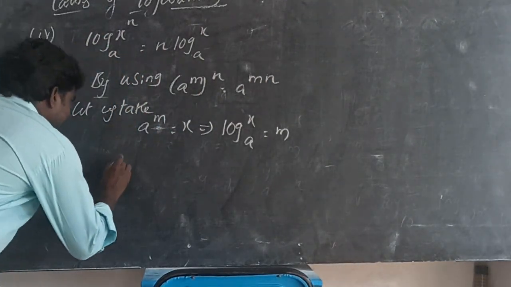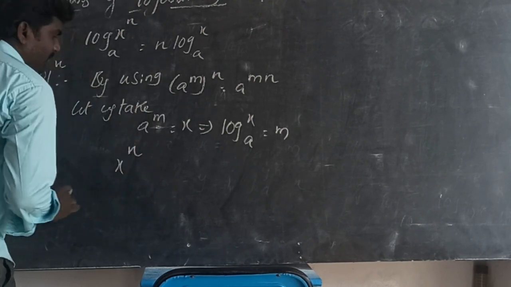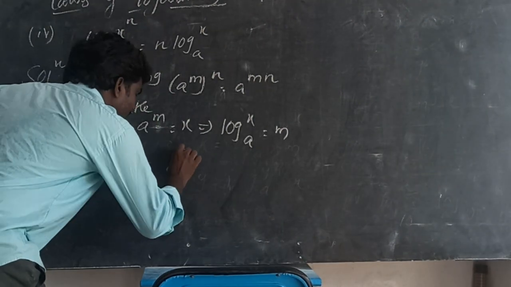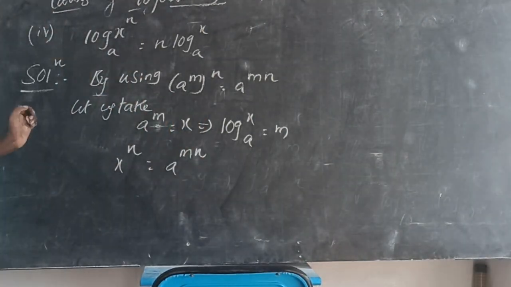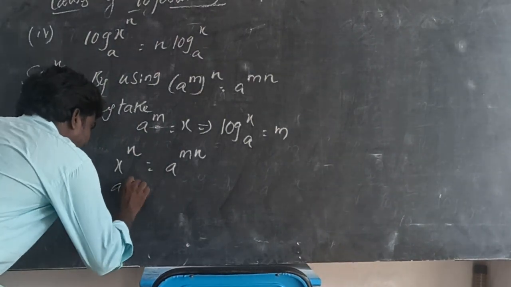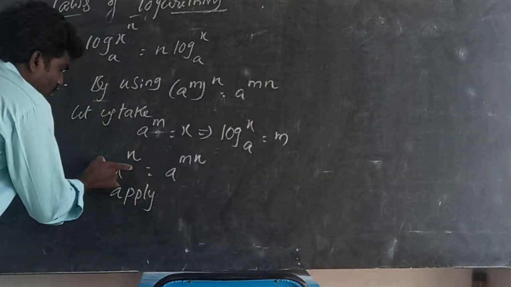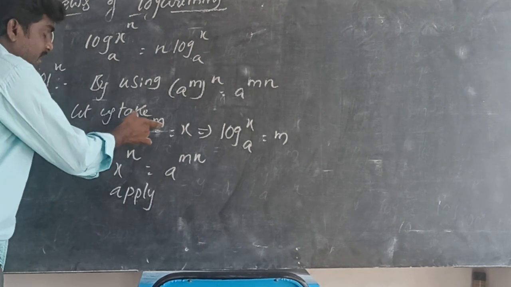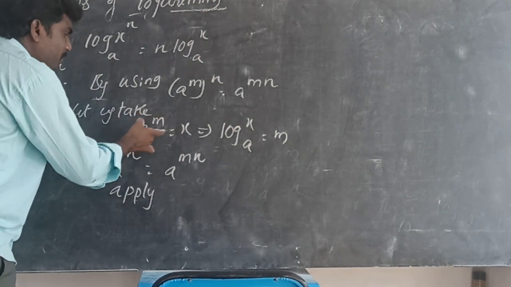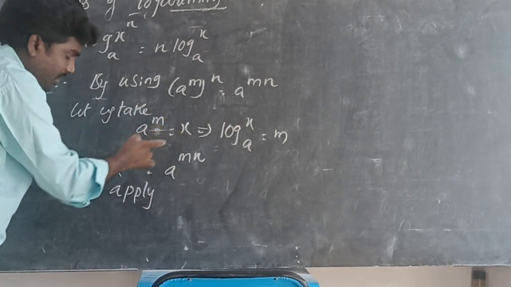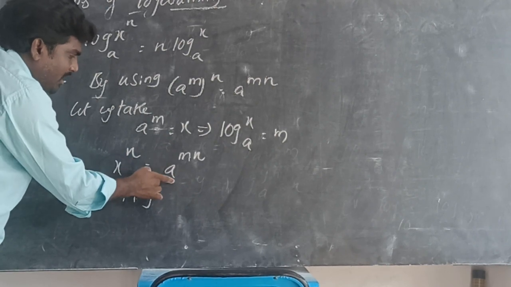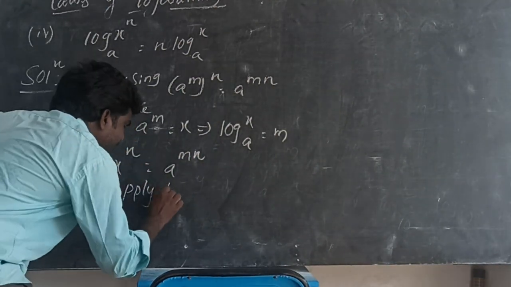So x power n is equal to a power m into n. Now apply the logarithm.